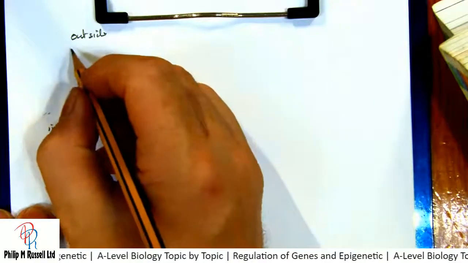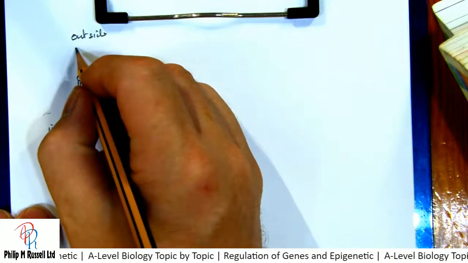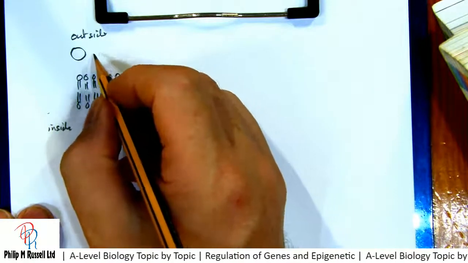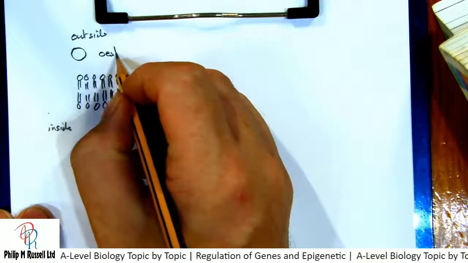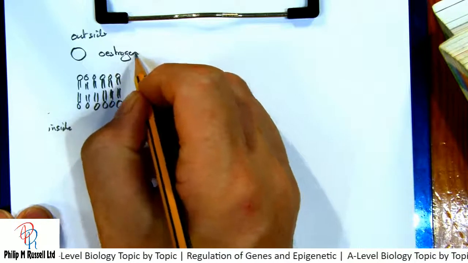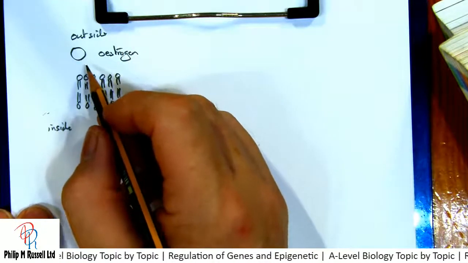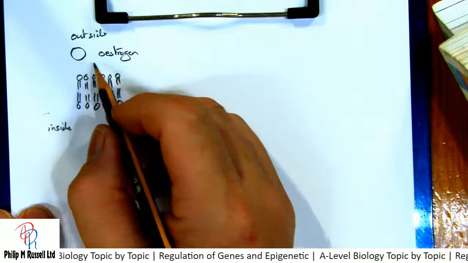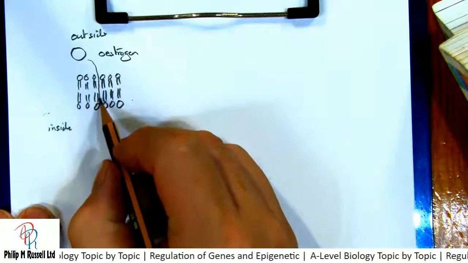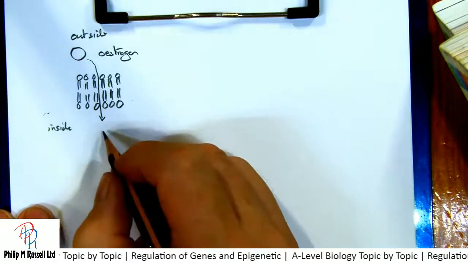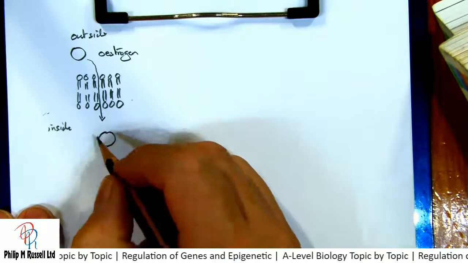And so out here comes an estrogen molecule. And this estrogen molecule, because of its nature, can diffuse through this membrane, and so this enters the cell.